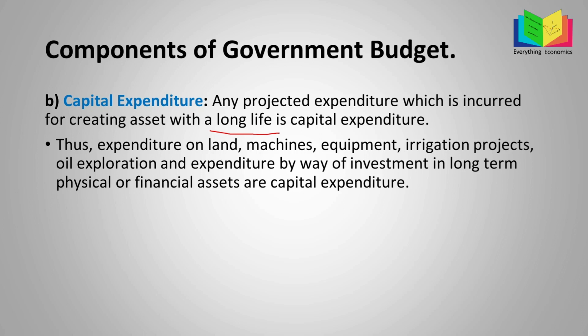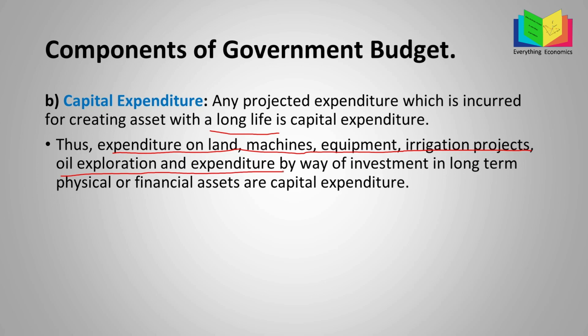Whenever the government is expected to spend money on creating an asset that will be used for a long period of time, that's part of capital expenditure. So it means expenditure on land, machines, equipment, irrigation projects, oil exploration, and expenditure by way of investment in long-term physical or financial assets.